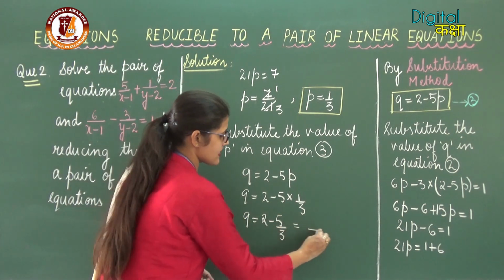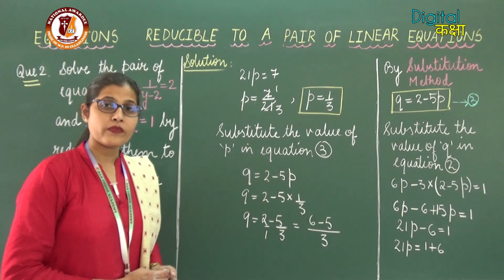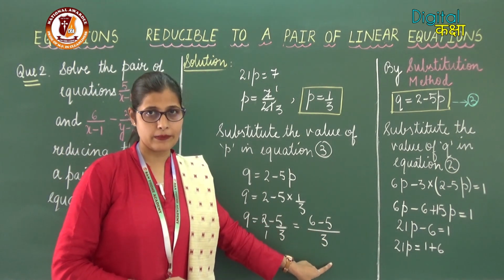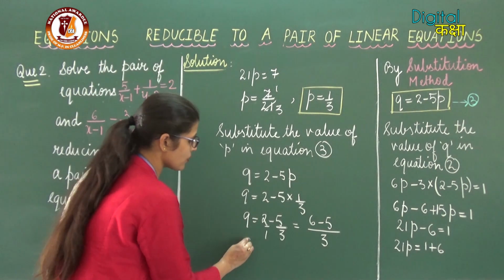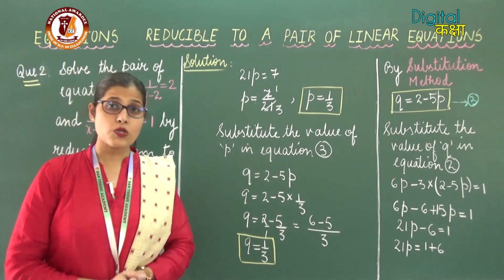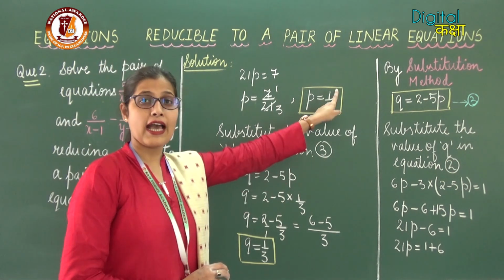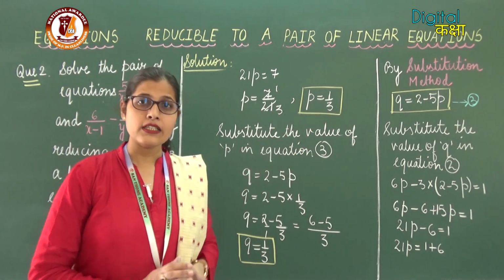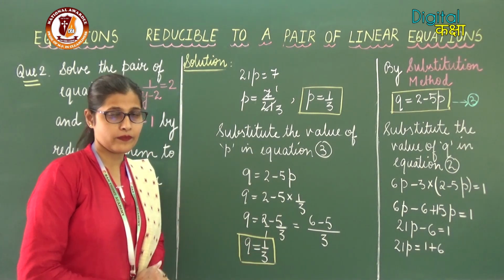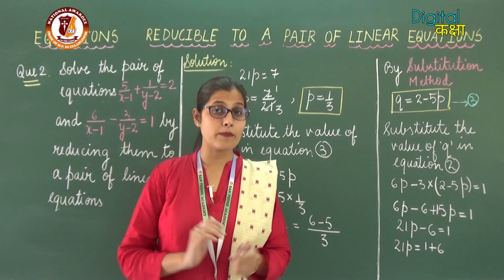We will be taking the LCM for finding the value of q. So, it will be written as 6 minus 5 whole upon 3. Thus, the value of q is equals to 1 upon 3. So, from this we got the value of p as 1 by 3 and the value of q also as 1 upon 3. But still the question is not completed.